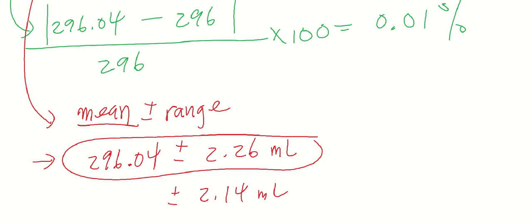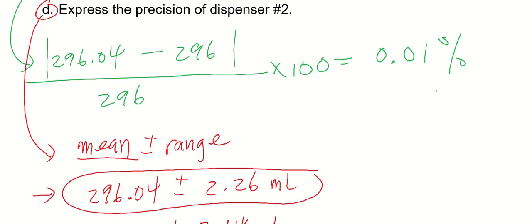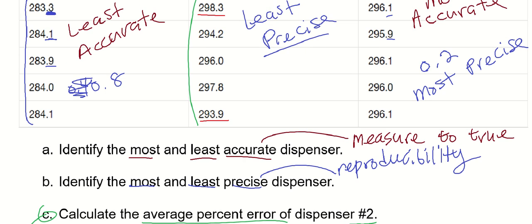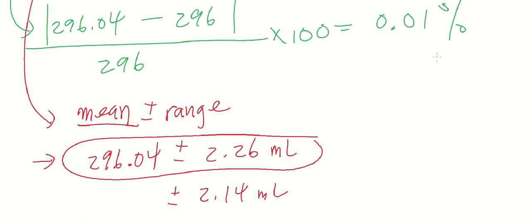So what we're saying is if we did this 5 times, or 6 times or 7 times, using dispenser number 2, you're likely to get a value 296.04 plus or minus 2.26. Now this is not proper sig figs, so we need to fix this. Let me rewrite this with proper sig figs.